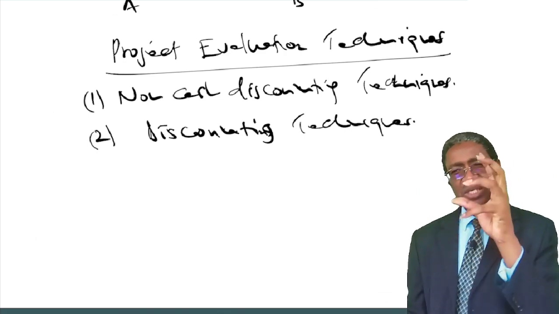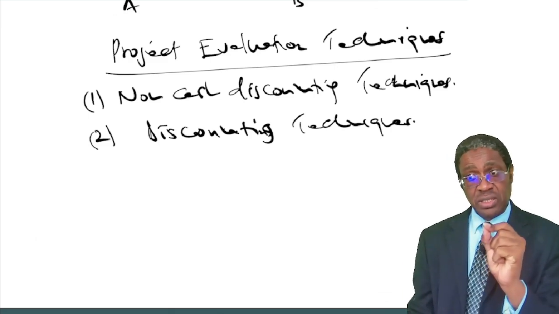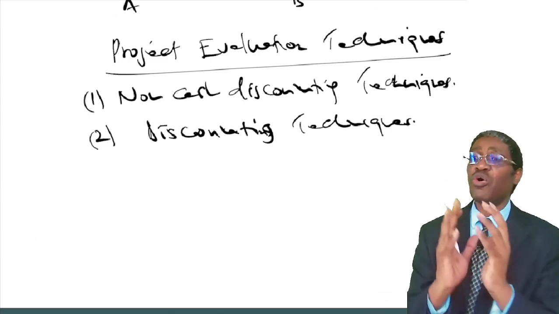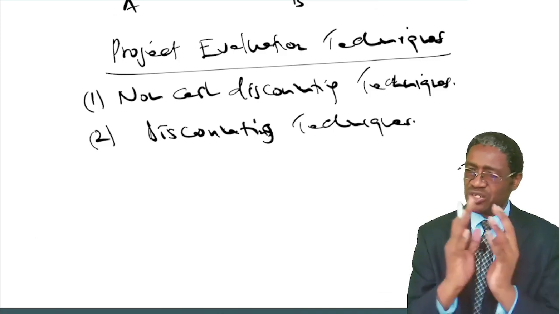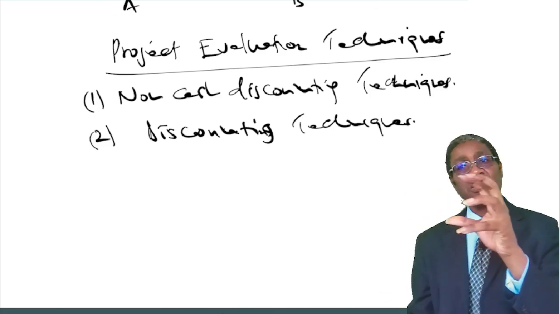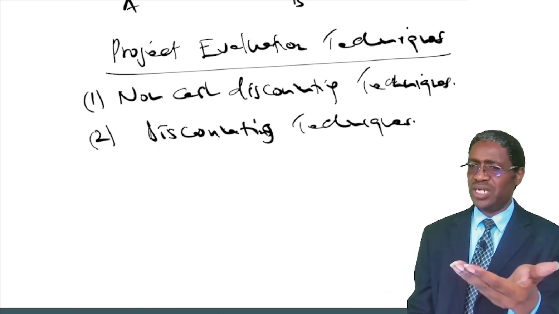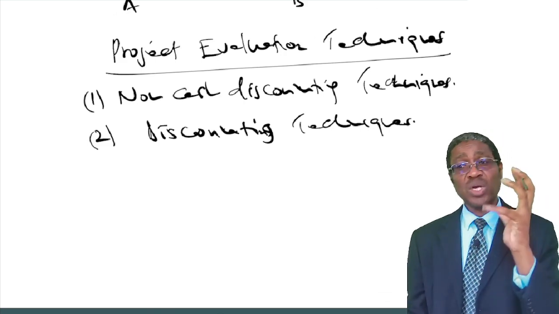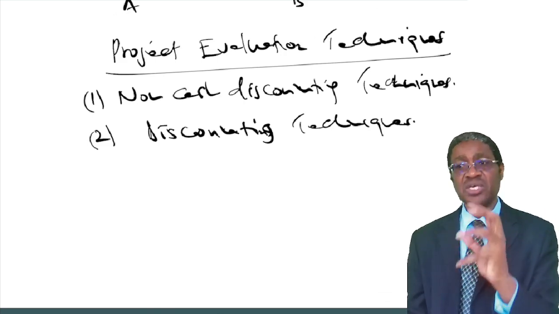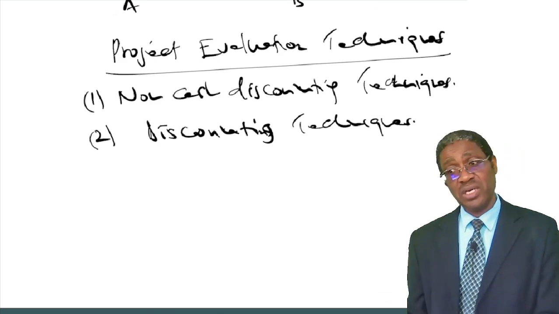The non-cash discounting techniques are those techniques that do not take into consideration the time value of money. Those techniques that don't take into consideration the time value of money, we normally classify them as non-cash discounting techniques. They are those methods of evaluating projects which do not take time value of money into consideration.